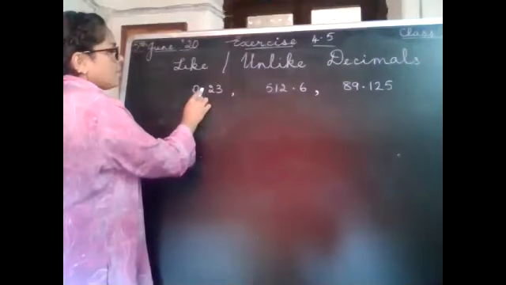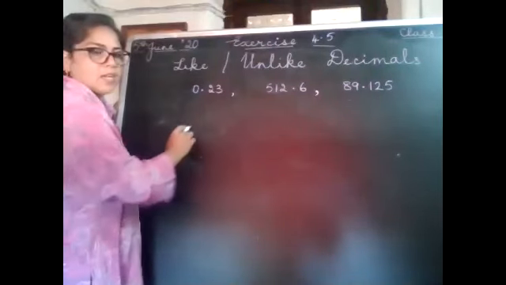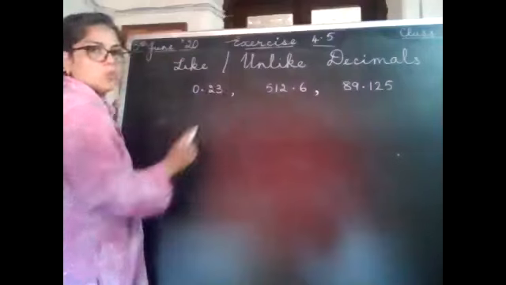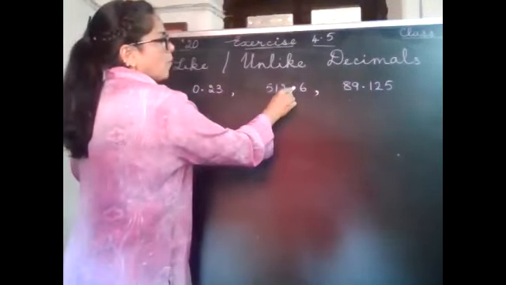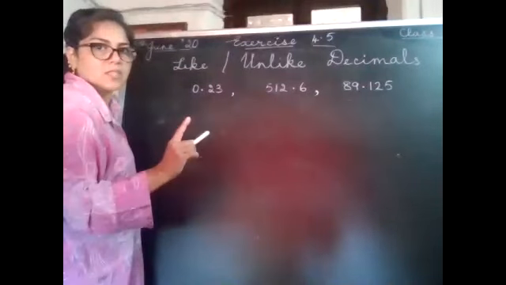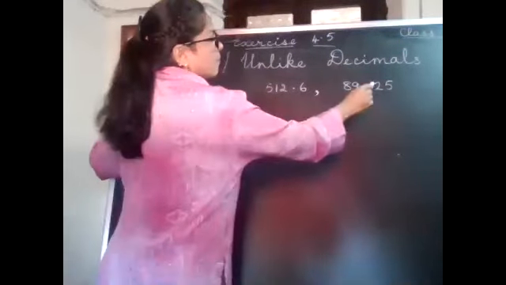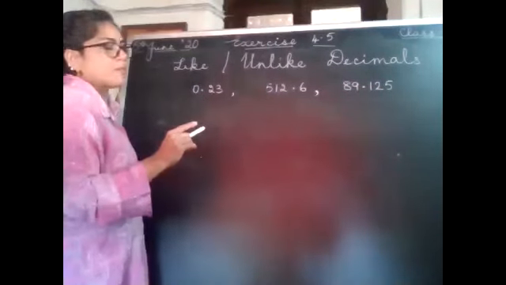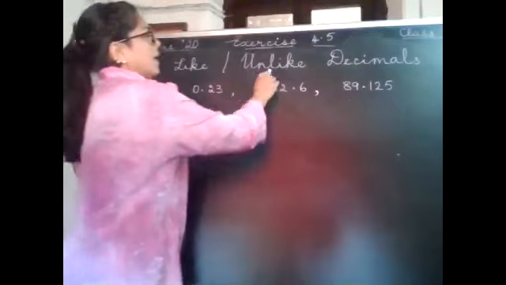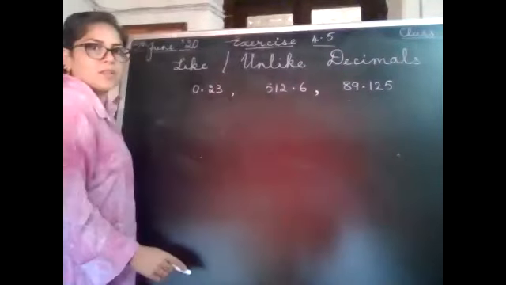In the first number, after the point, you have 2 decimal places. Here you have, after the point, 1 place. Here after the point, you have 3 digits after the decimal. Therefore, they are called unlike decimals.